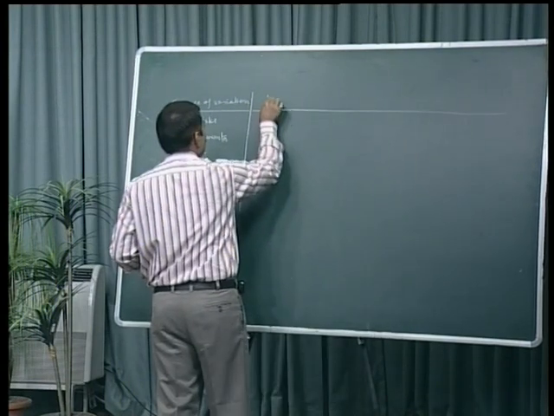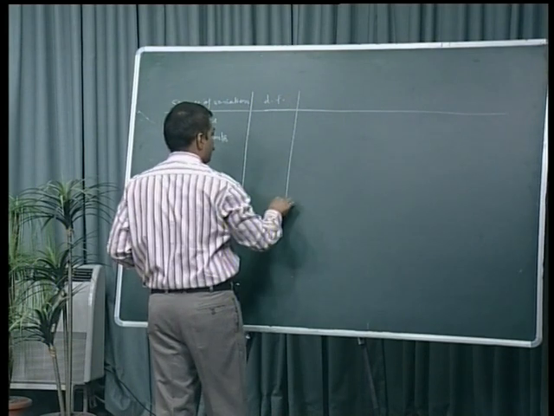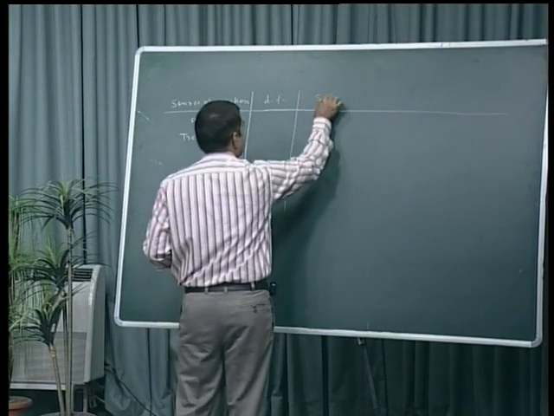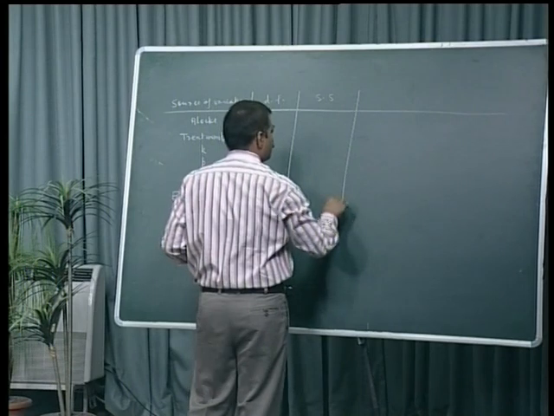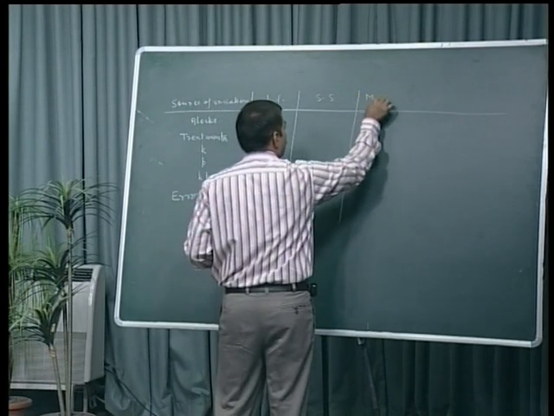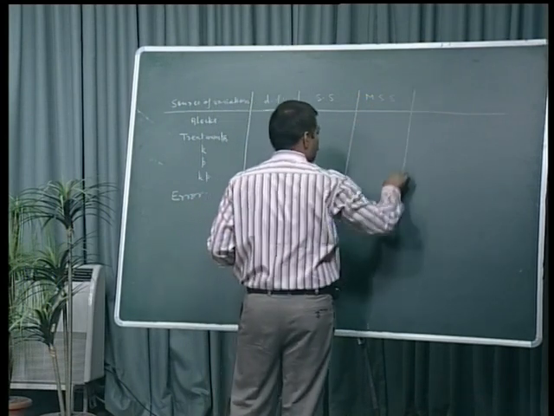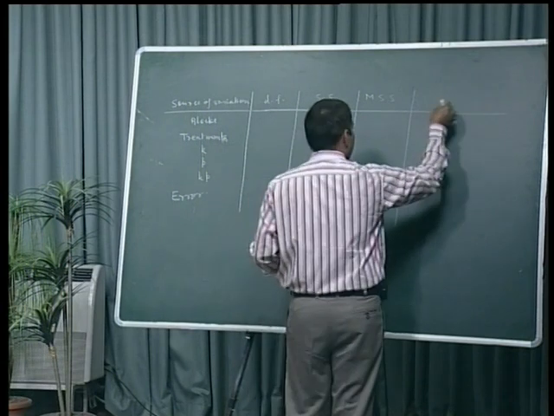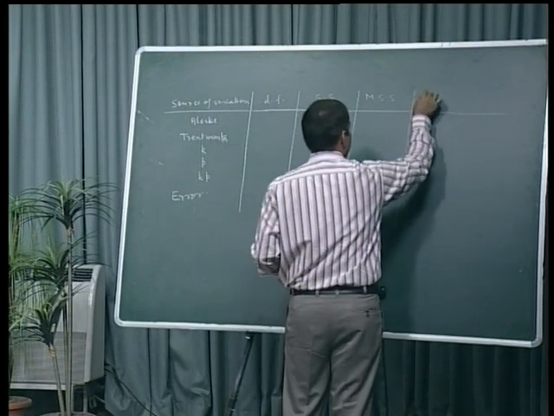Here we write degrees of freedom, sum of squares, mean sum of squares, and the value of F, the variance ratio.